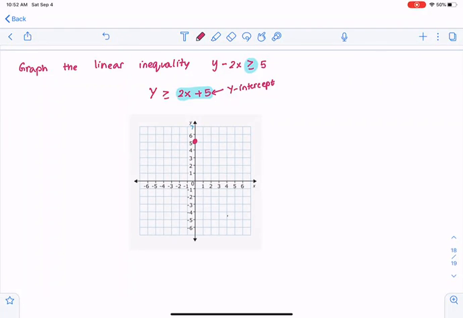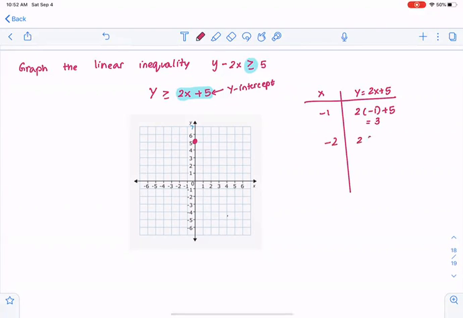We need another point, so let's just pick -1. If I pick -1 and plug it into 2x plus 5, I get 2 times -1 plus 5, which is +3. -2 would give me 2 times -2 plus 5.